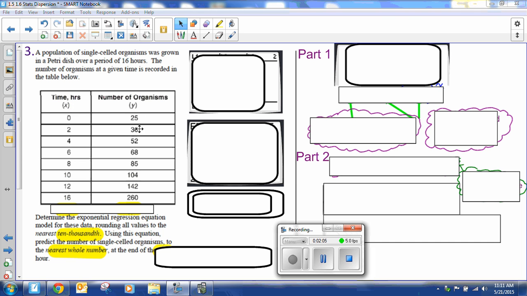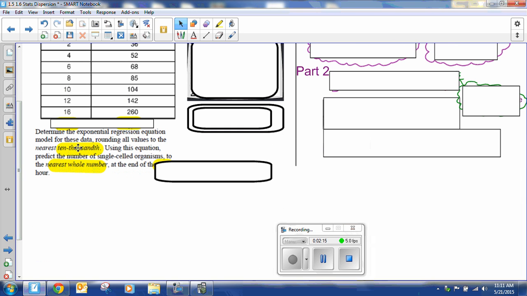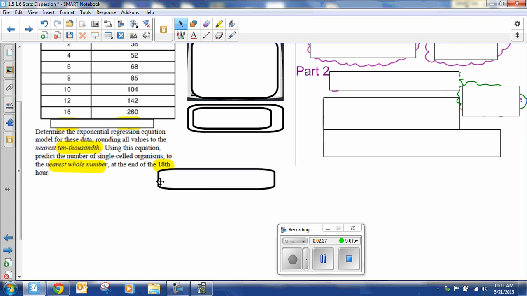So here we have the number of organisms, and it's growing, as we can see. It looks like it's exponential, so we're going to determine the exponential regression equation model for these data, rounding all values to the nearest ten-thousandth. Using this equation, predict the number of single-celled organisms to the nearest whole number at the end of the 18th hour.